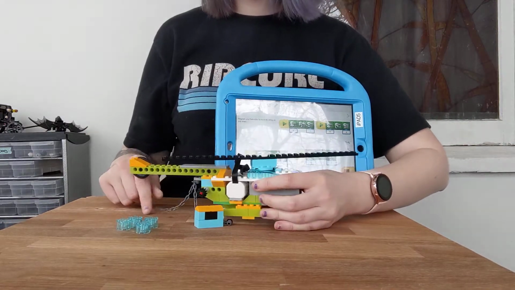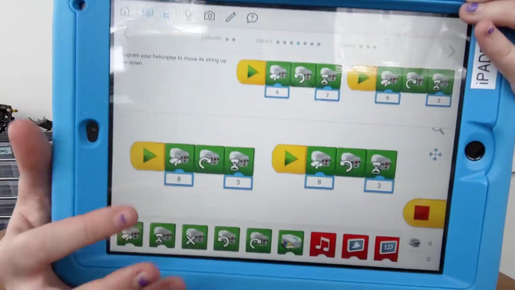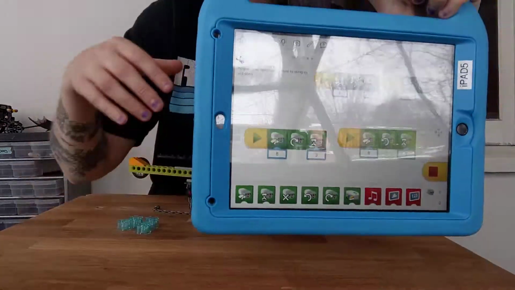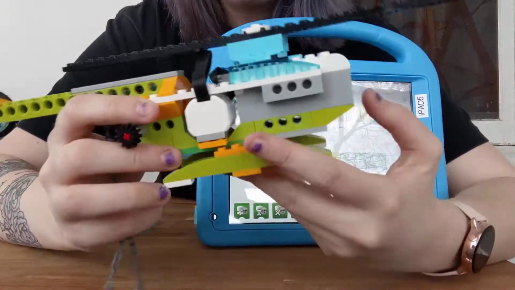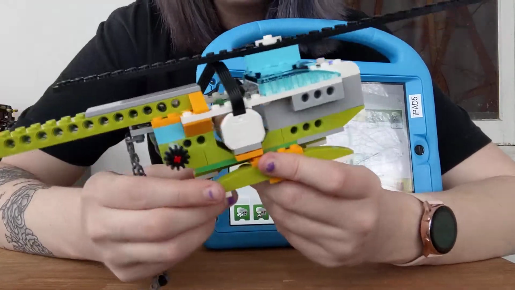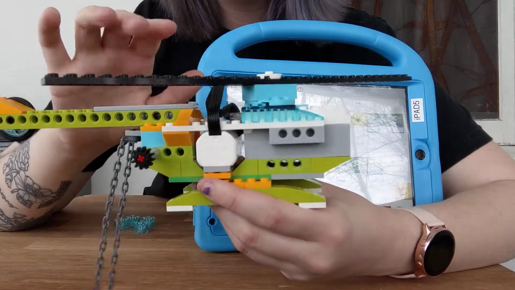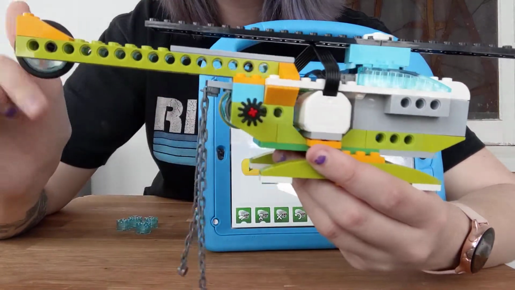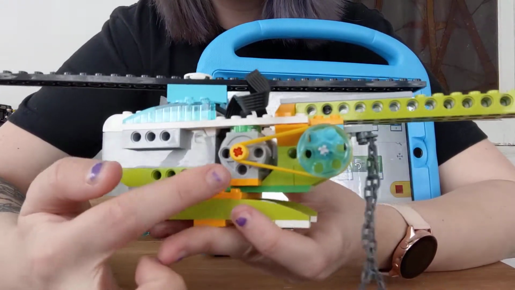So let's take a look at our programming here. So this is what lowers our chain. And so this is a pretty complicated build. Most of it is for decoration. Like this isn't programmed to do anything. You can just kind of spin it around. But what is programmed is we have our motor here.